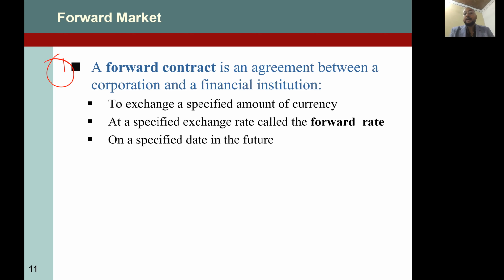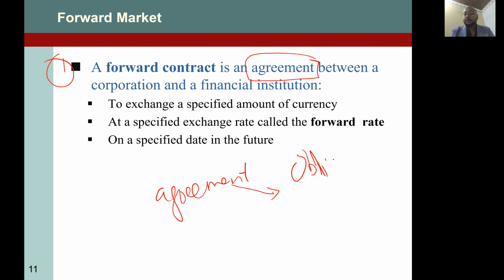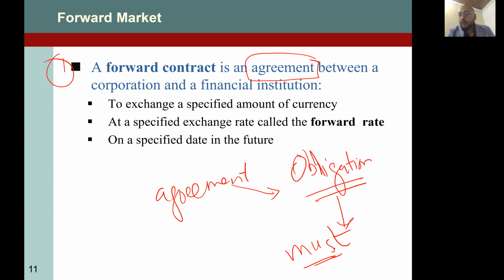Its definition again: a forward contract is an agreement, and in the eyes of the law, an agreement is an obligation, and an obligation you must fulfill.